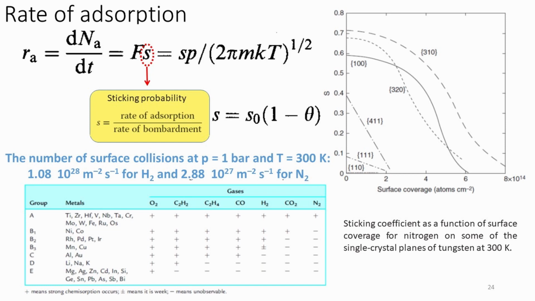We have to see, however, that the sticking coefficient varies with coverage. Sometimes it is seen to vary in a linear fashion with coverage, but frequently it drops non-linearly. See figures on the slide.